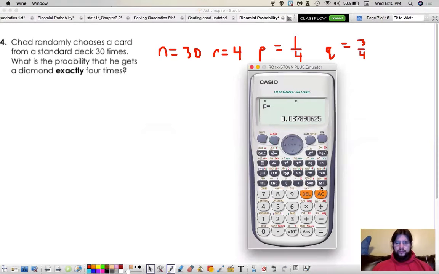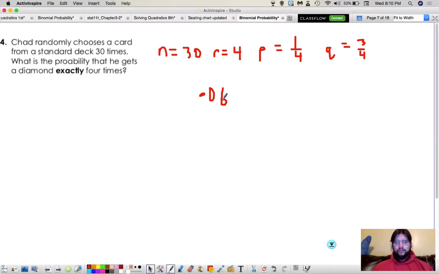So if you're already in there, you can just hit the AC button to get back to the beginning. R is 4, equals. N is 30, and 0.25, still 0.0604. So it's still probability of R equals 4. I'm not going to write it there.